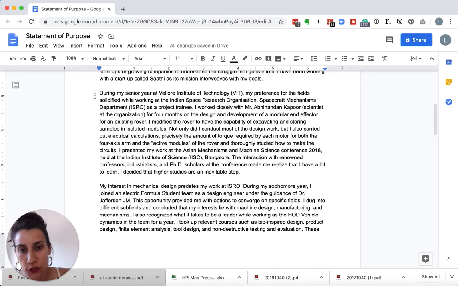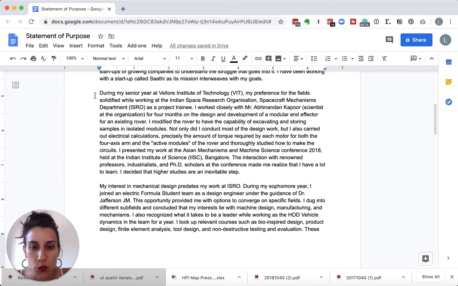I modified the rover to have the capability of excavating and storing samples in isolated modules. Not only did I conduct most of the design work, but I also carried out electrical calculations, precisely the amount of torque required by each motor for both the 4-axis arm and the active modules of the rover, and thoroughly studied how to make the circuits.